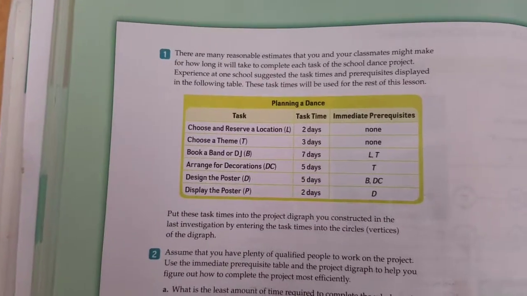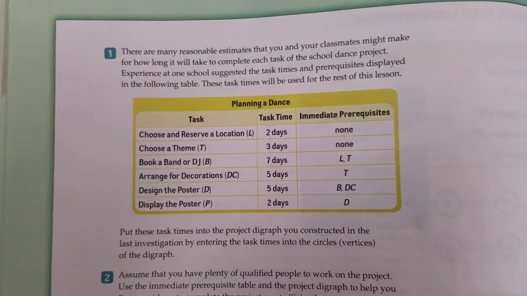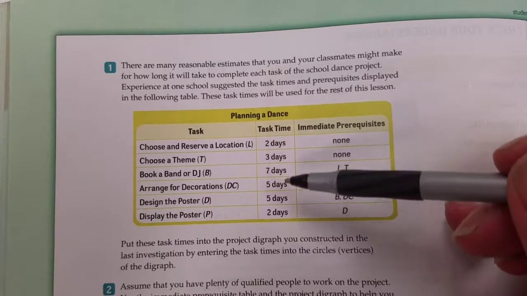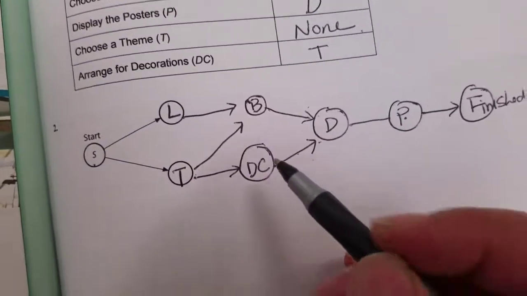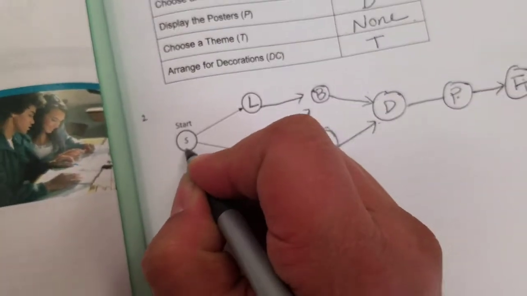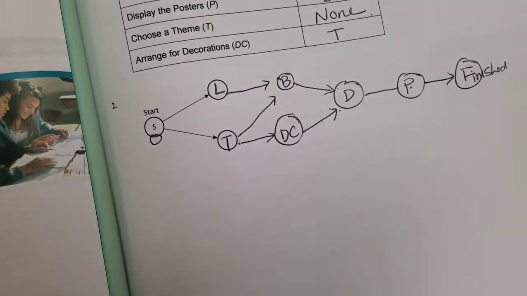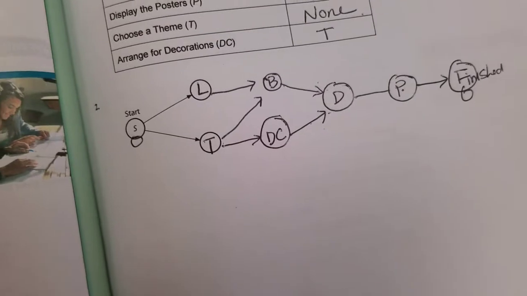And in order to do that, okay, so the tasks are listed here with the time, and I'm just going to go ahead and get that information onto our digraph. We notice the start and finish is the easy part because it doesn't take any time to start, and finish is 0, 0. So I would start with that.